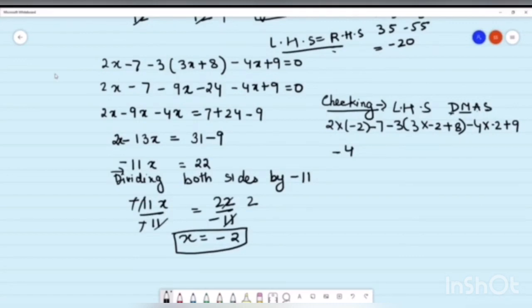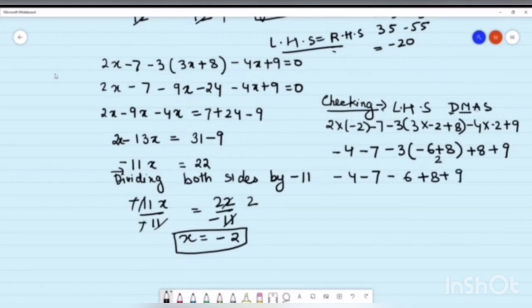Minus 4 minus 7, this 3, minus 6 plus 8. Minus into minus will be plus 9. Minus 4 minus 7, this will be 2. 2 into minus 3 will be minus 6 plus 8 plus 9.